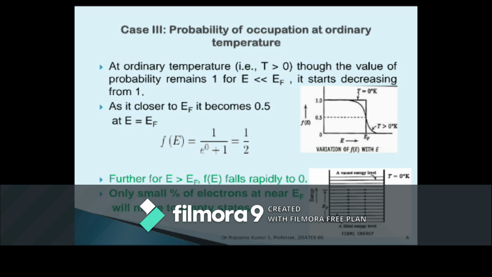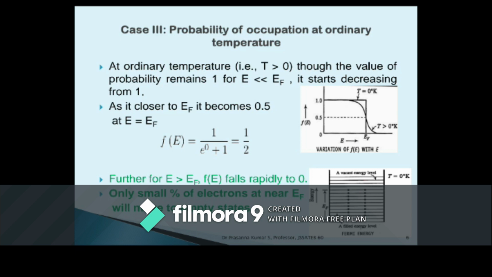Therefore, look at the bottommost levels, E very much less than EF. If you take the bottommost electron to jump into vacant states, it requires a very large amount of energy. Therefore, the electrons sitting at the bottommost energy levels won't take part in jumping into vacant sites. It is only those electrons much nearer to the Fermi energy that will absorb energy and get into the vacant sites.